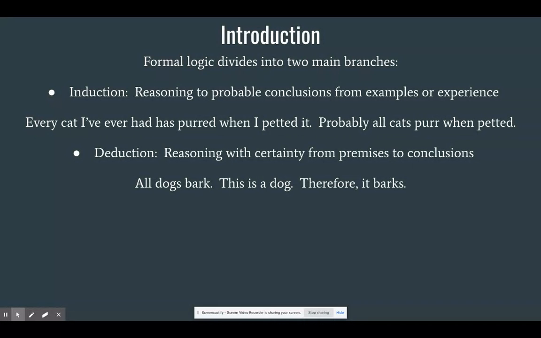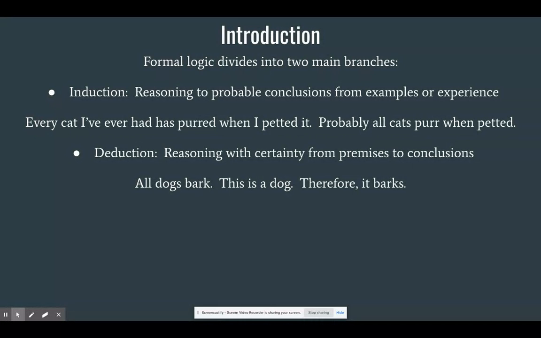So this is a deductive argument. All dogs bark. This is a dog. Therefore, it barks. So think about it. If it's true that all dogs bark, and if it's true that this is a dog, does it have to be true that this thing barks? Yes. Is there any possible world where it could be true that all dogs bark, and it could be true that this thing in front of me is a dog, and it's false that it barks?